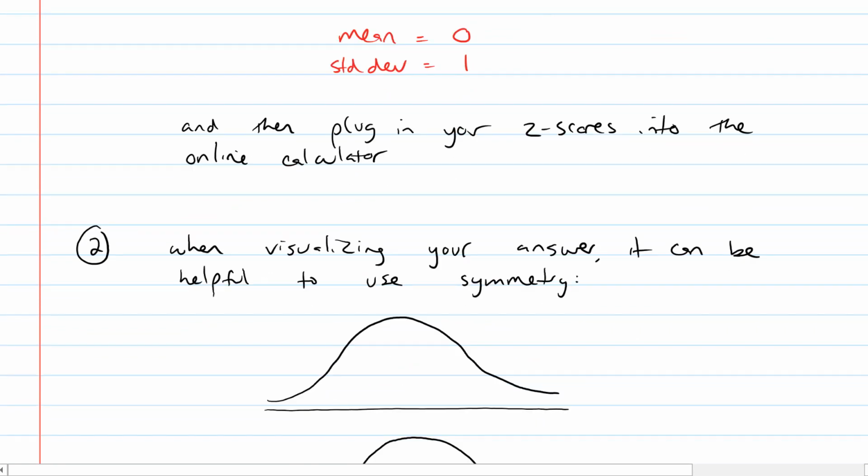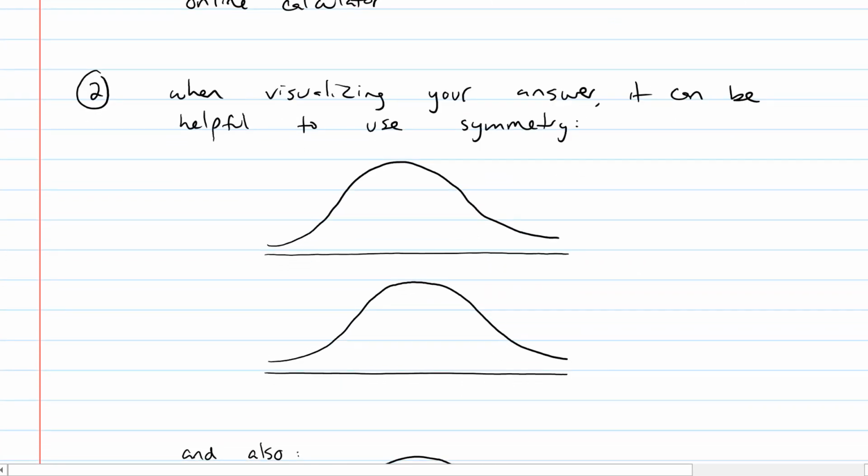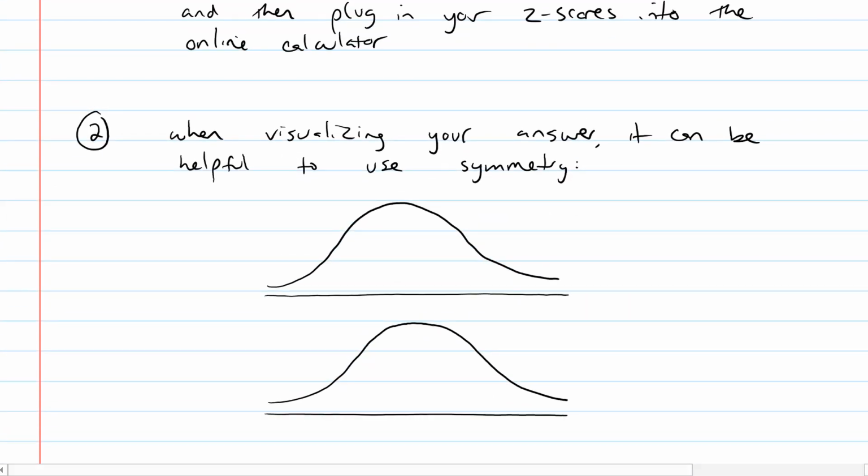And 2, when visualizing your answer, it can be helpful to use symmetry. And also the fact that the area under the curve, so this total area here, is equal to 1.